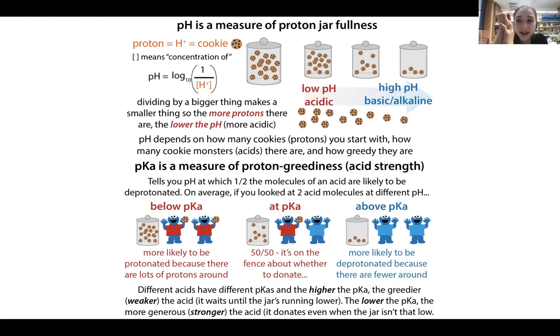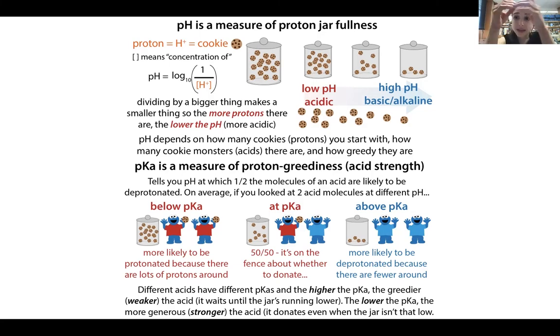And so the pKa is measuring the greediness of that individual cookie monster. So the pH is measuring at the global level of this entire solution. The pH is going to depend on all of those cookie monsters that you invited to your party, all of those friends that came to your party.